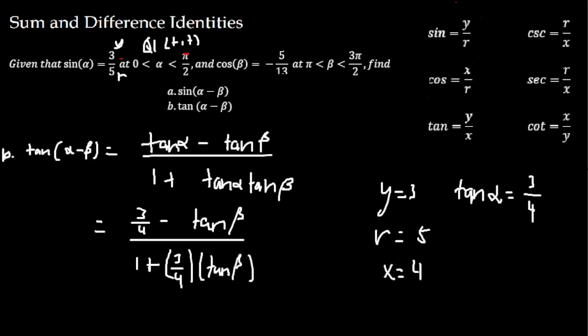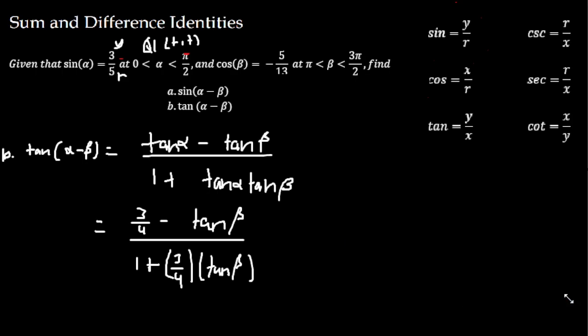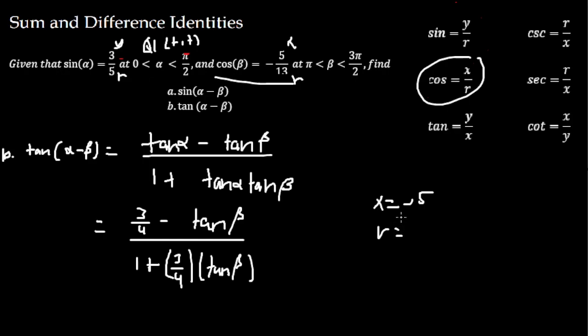Now, let us solve for the tangent of beta. We will base it on the cosine of beta, since it's the beta. So, we know that cosine is equal to x over r. Our x is negative 5 and our r is equal to 13.